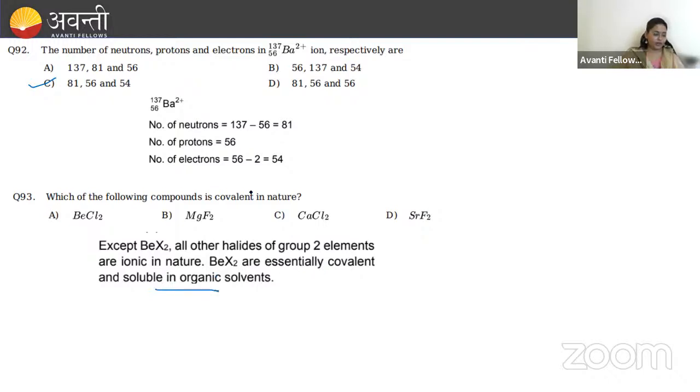So you know Fajan's rule, larger the size of the cation, smaller should be the anion, right? Then only our compound will be covalent. Okay, so यहाँ पे क्या है हमारा आंसर? BeCl2 क्या होता है? कोवैलेंट होता है. बाकी के जो सारे हैं ना, वो हमारे ionic compounds.